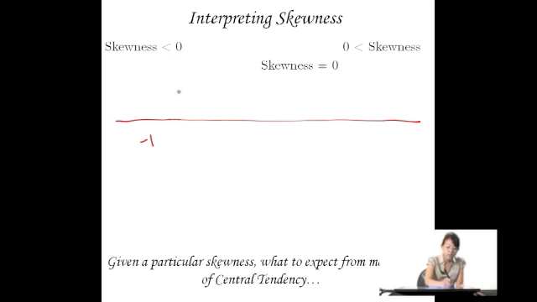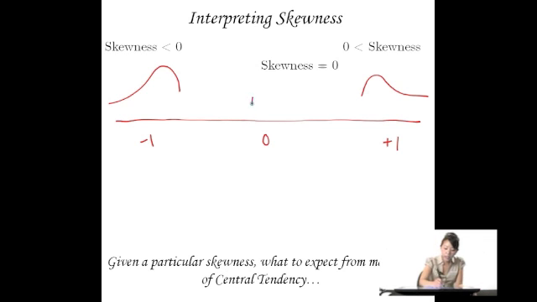Yes, you can. You know that it must have some sort of tail that goes to the left. On the other hand, if it's positive, you know that it has a tail that goes to the right. If the skewness is 0, sorry, this is a little bit askew, we're not sure exactly what it is, but we know that it basically looks symmetrical.